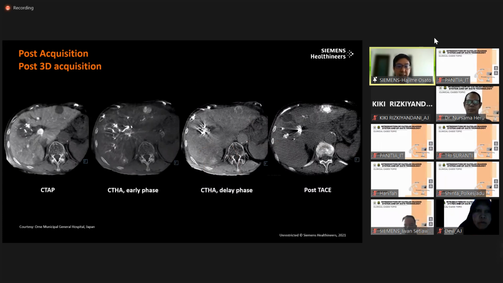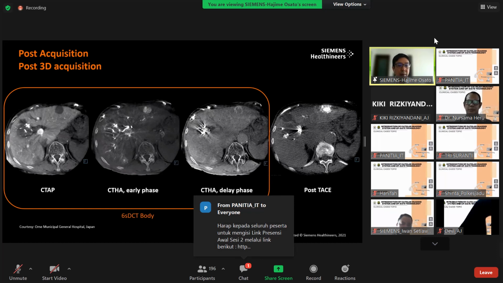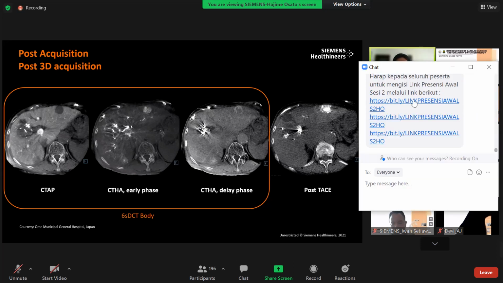In this case, we suggest using a low dose 3D protocol. For CTAP and CTHA, signal-to-noise ratio is important, so that's why we suggest the 6-second DynaCT body protocol for it. This is the best protocol for the body.